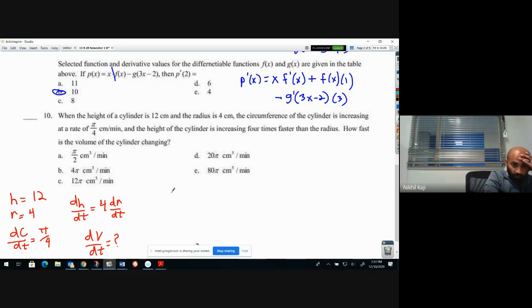So we know the circumference of a circle is 2 pi r. So we take the derivative of that, which ends up being 2 pi dr/dt.